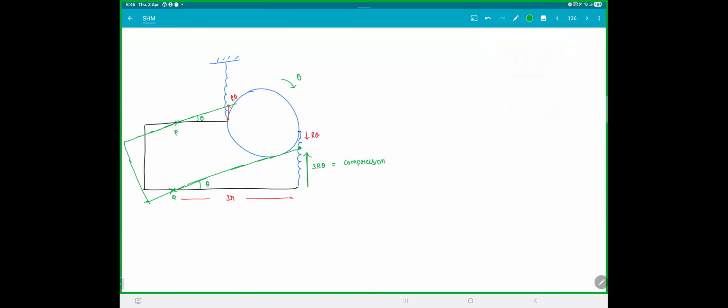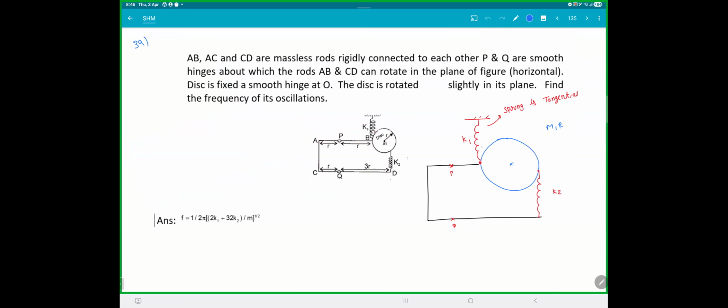So that means this spring in total got compressed by 4r theta. Any doubt still here? Got it? Great.